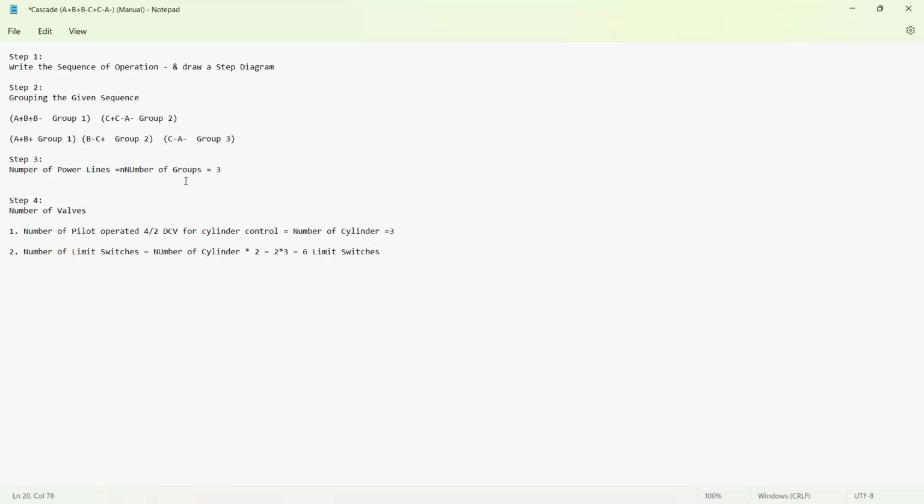Each cylinder requires 2 limit switches to identify the extension and retraction positions. So I require a total of 6 limit switches.